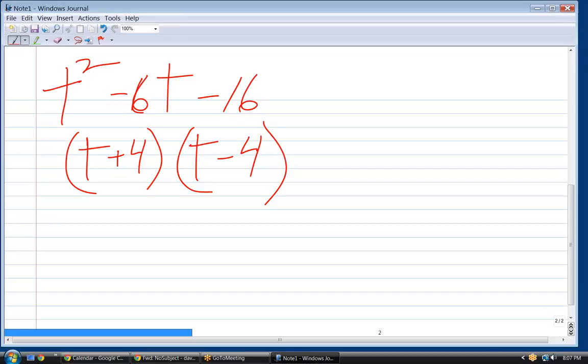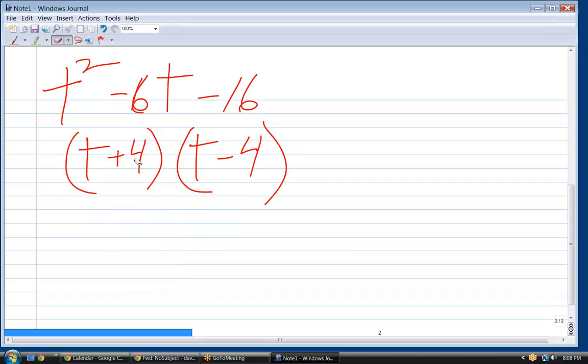So the only term I always need to check is the middle term. You get the middle term by multiplying the inside terms together and the outside terms together. When I multiply the inside terms together, I get plus 4t. Multiply the outside terms, minus 4t. Add those two together, that would be my middle term. So this isn't correct, the way we factored it.